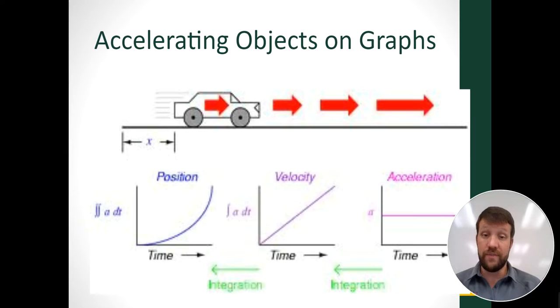So all three of these graphs at the bottom describe an object moving in the positive direction that is increasing its velocity. And I can get that just because I understand what's on the axis of each graph and what those curves mean within that, okay?